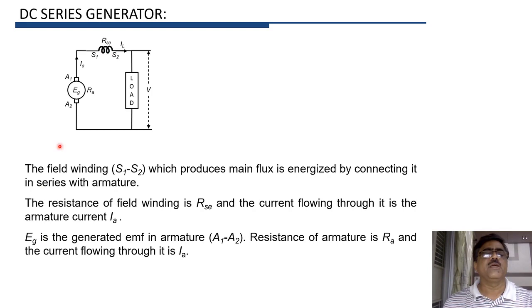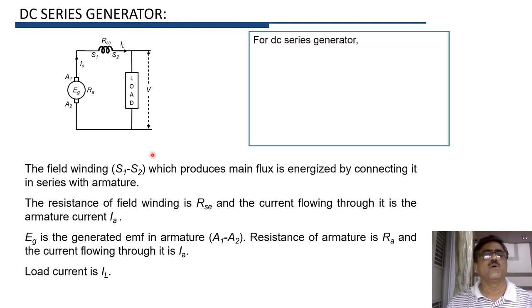Then Eg is the generated EMF, resistance of armature is Ra and current through armature is Ia. And once again, if the generator is loaded, load current will flow and load current is IL. Now for DC series generator, with the help of this diagram, we can write some important expressions.